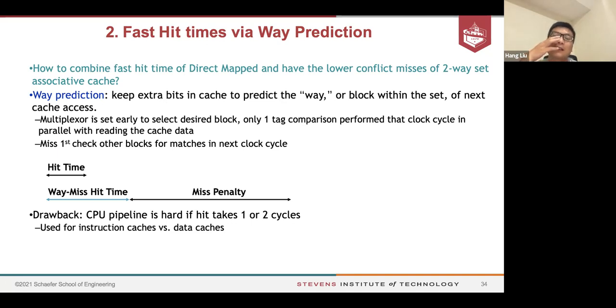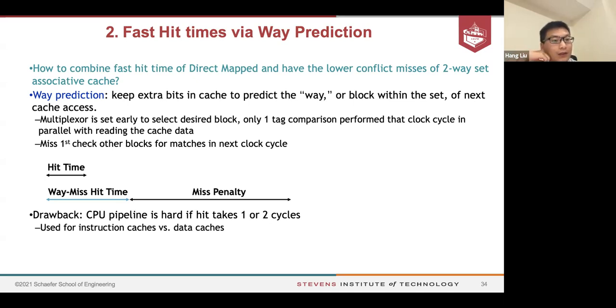As we know, direct mapped is good because it has simpler comparison and indexing electronics, and you can also, in parallel, do the transmission of the data as well as the tag comparison. But it's also bad because it's going to have very high conflict misses, right? So what we're trying to say here is, can we combine both benefits of direct mapped and two-way set associative cache?